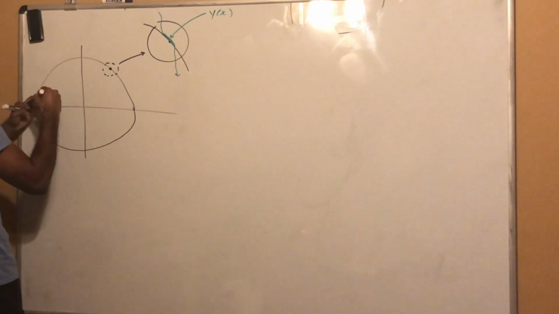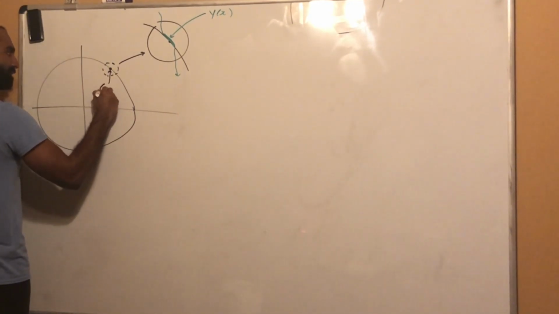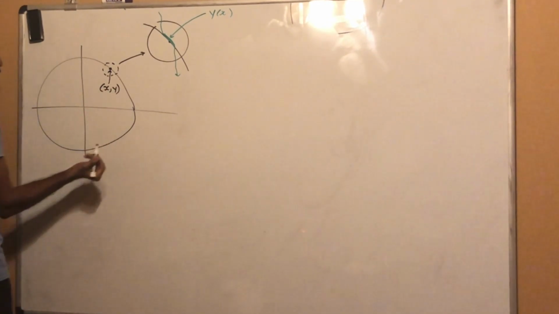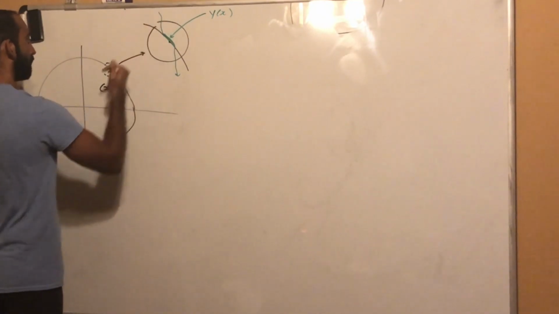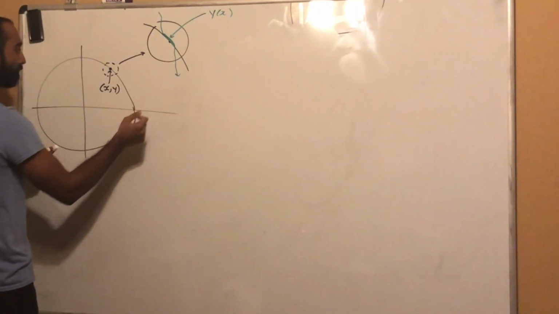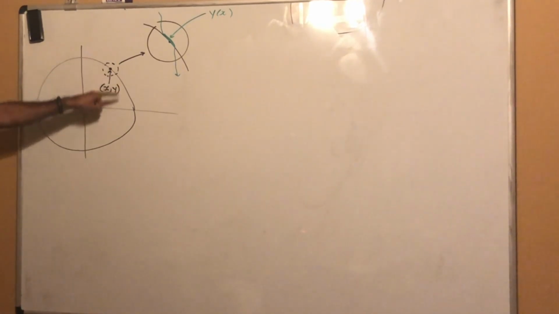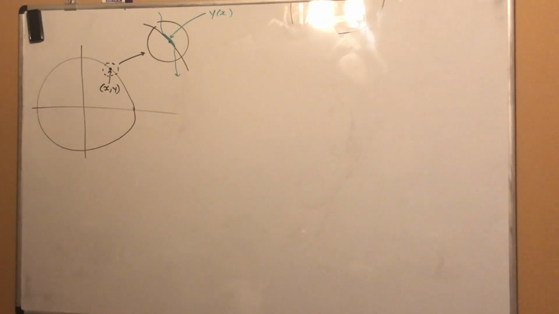Again, the particular point, don't confuse y with y of x. The particular point here is this one x coordinate and one y coordinate. But y of x stands for this guy in green. Because this is a nice curve, I can find some function y of x that exactly matches the graph of the original. So the graph in green matches the graph in black on some neighborhood. Not everywhere, but on some neighborhood.